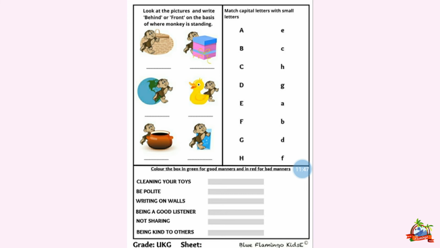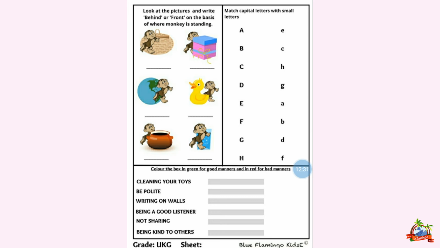We have to color the box green for good manners and red for bad. अगर यहाँ पे कुछ sentences written हैं, सो अगर सेंटेंस गुड मैनर है तो हम उसके सामने वाले बॉक्स को ग्रीन कलर करेंगे. But if the sentence is bad manner, so we will color it with red. तब हम इसे रेड से कलर करेंगे. Understood?